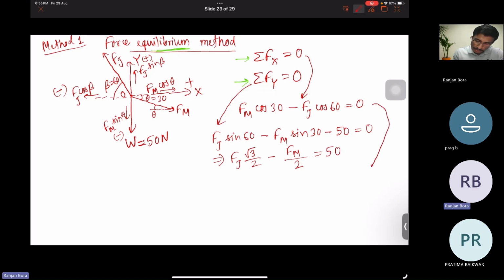And from the first equation, we got Fm root 3 by 2 equal to Fj by 2. So the 2 gets cancelled, and Fj equals Fm root 3. We put this here.